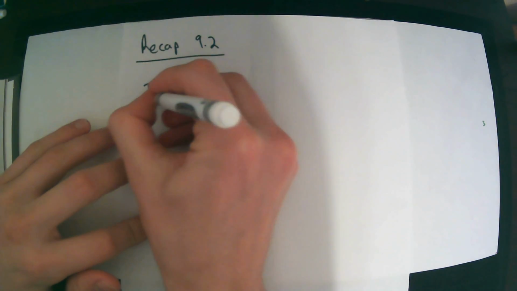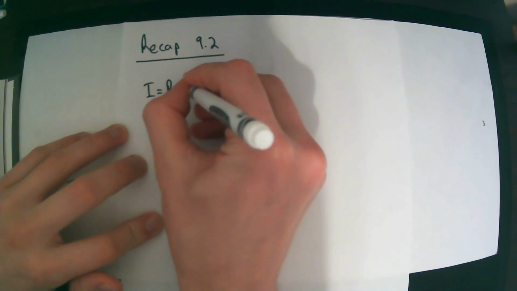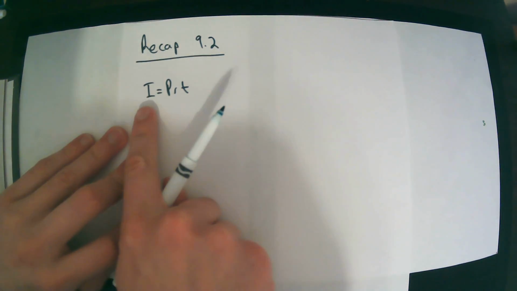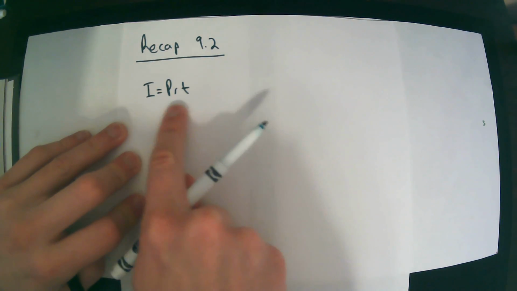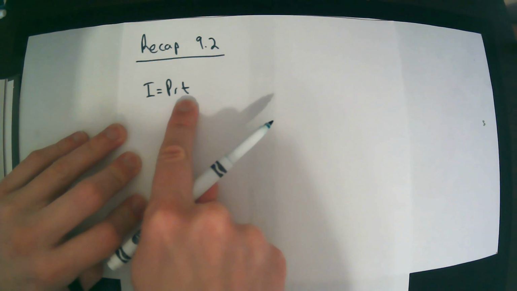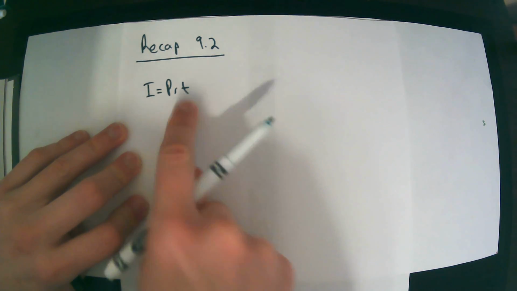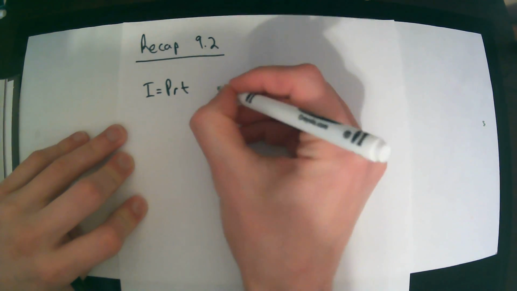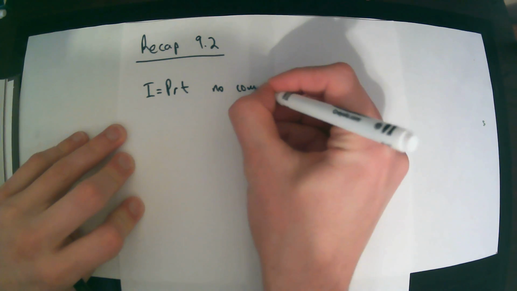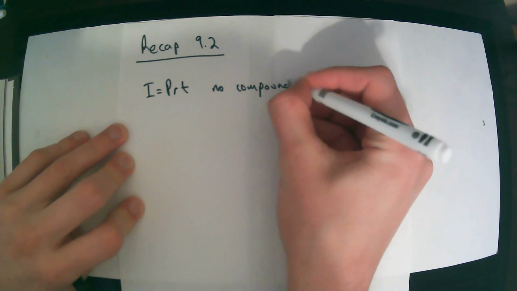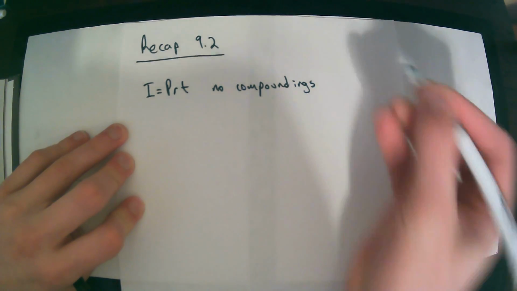So we've got the simple interest formula. Simple interest, I equals PRT. This is for calculating interest on a principal with a given rate and over a given time period measured in years. No compounding here, right? That's what makes it simple.